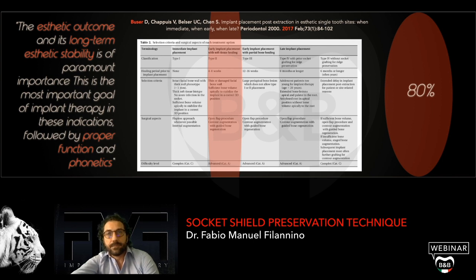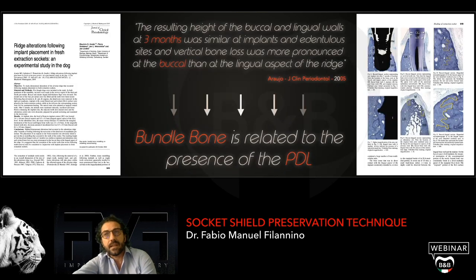So for 80% of the cases, we actually wait 8 weeks and then go for a delayed implant, and we deal every time with the resorption of the alveolar bone. The only reason we can insert the implant in an easy way is because in this type 2 group we have bone apically to the implant to achieve primary stability.